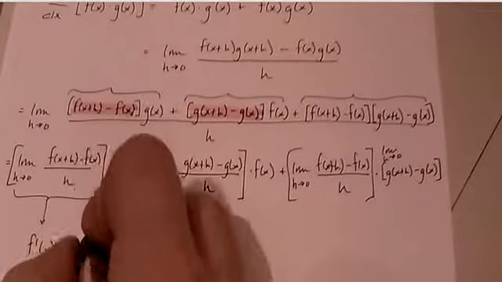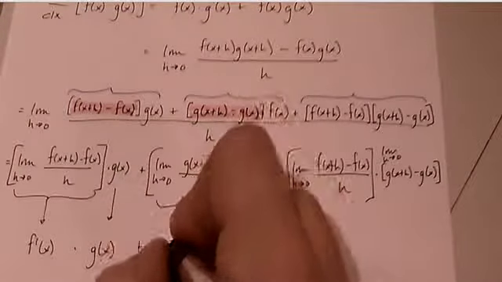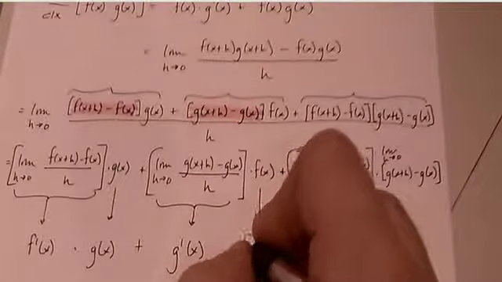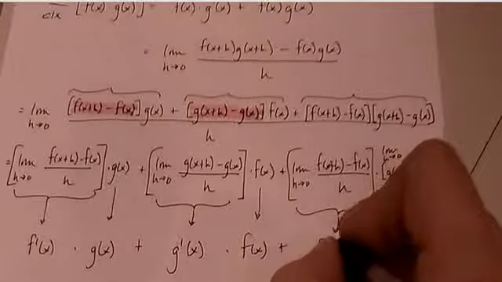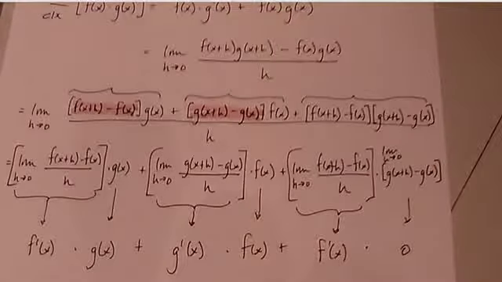So what happens is this one comes down as f prime. This one, of course, just remains g of x. This one comes down as g prime. This one remains f of x. This one comes down as f prime, and this one comes down as 0.